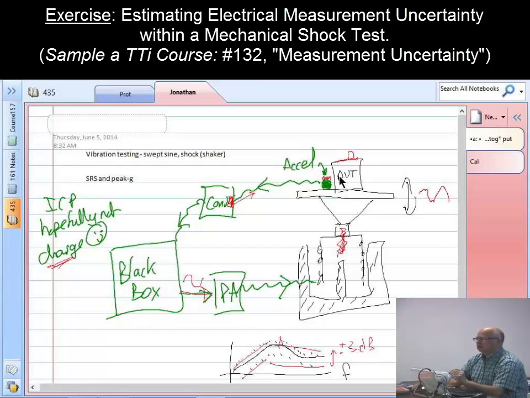Any issues with phase noise or anything like that? You can't send out signals. I don't know what this particular black box does, but very often at this stage the algorithms and the SRS calculations are designed to get rid of phase. There are some techniques where we deliberately take, again, this is a swept sine, which is a little different.